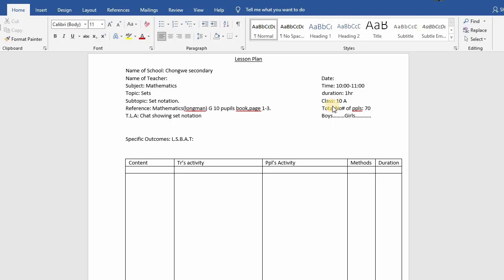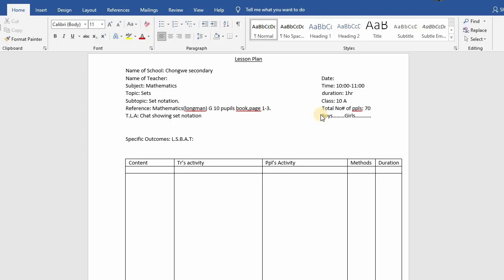And then the class, you also indicate the class you are going to teach. If it is 10A, you indicate. If it is 10B, you indicate. And then you also indicate now the total number of pupils. As a teacher of that class, or a student teacher, you are supposed to know all your learners in class.